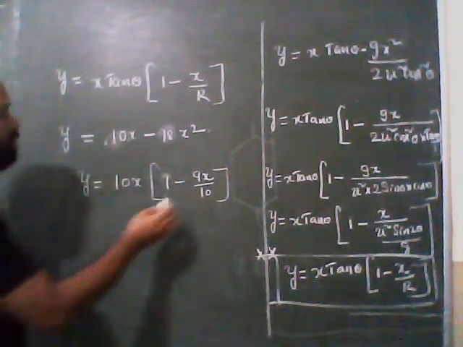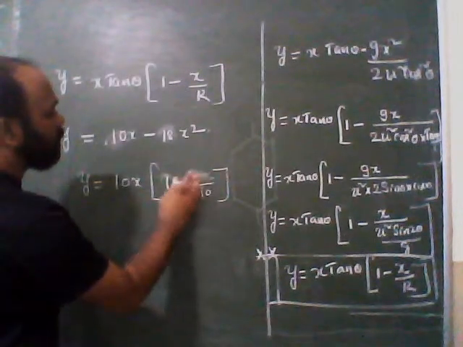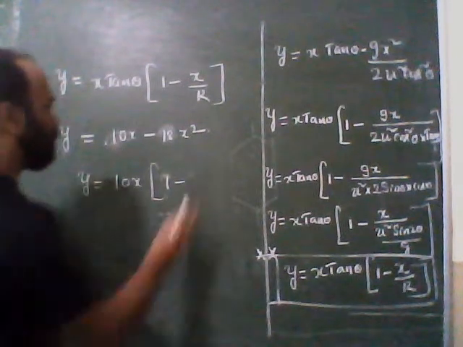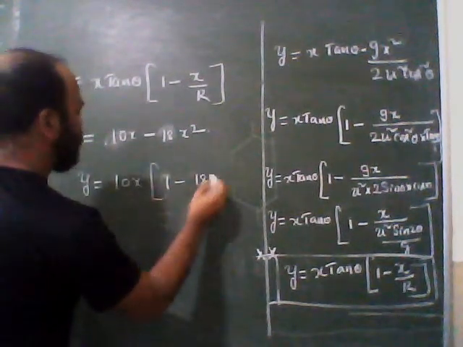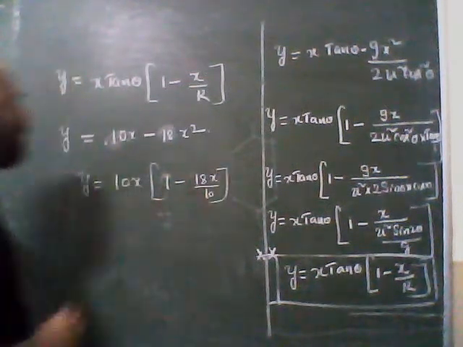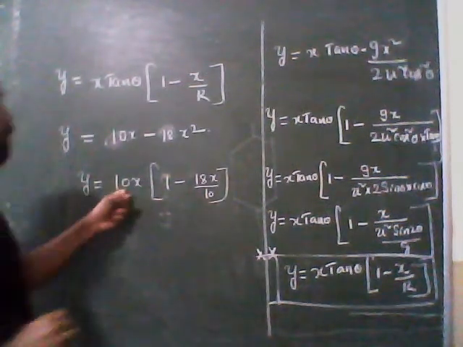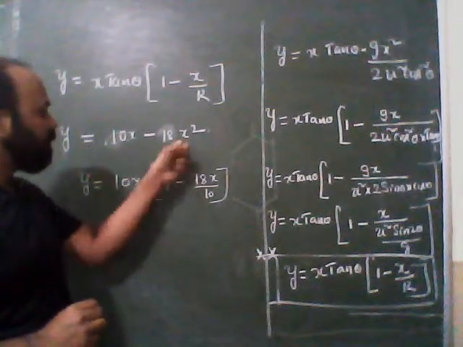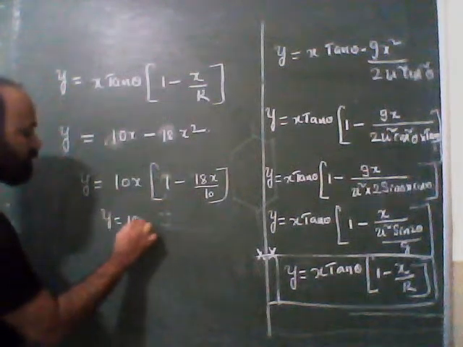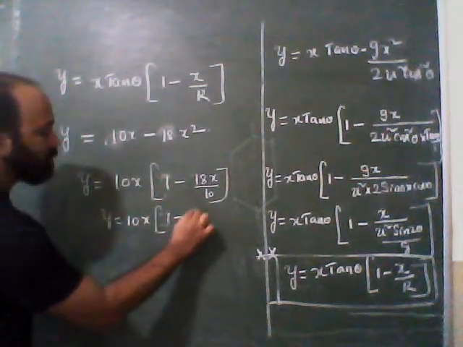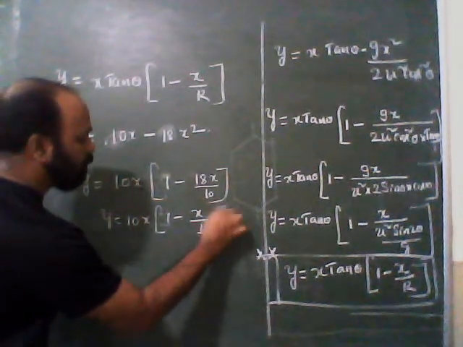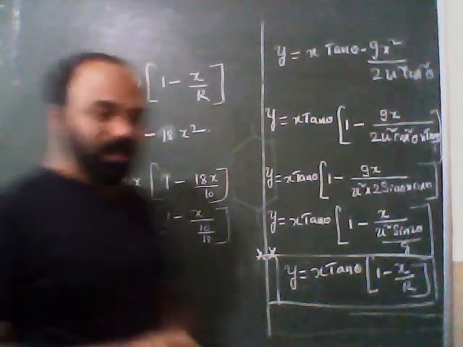This becomes 10x into 1 minus 18x by 10. If you multiply, we get 10x square again. Now see, this is 10x, you can write 10x into 1 minus x by 10 by 18. Okay, this is the way we can write.